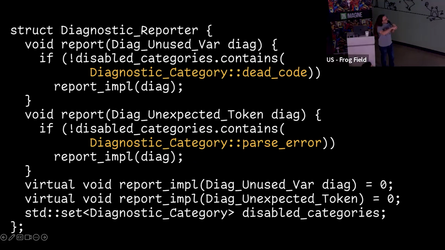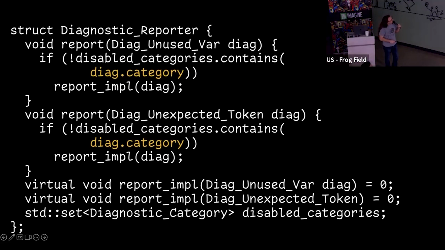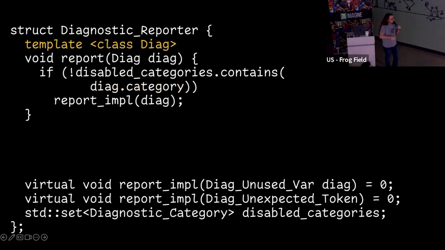Now here's the base class. So we were looking at the implementations like the CLI reporter. Here's the base class. Let's factor out the category into a variable. I'm not going to show all the details for that. But now we have some duplicated code here. We can make a template. We already showed you another example of that. This is the same thing. But now we have these virtual functions at the bottom.